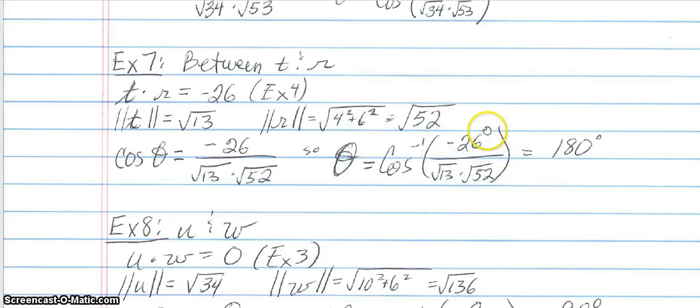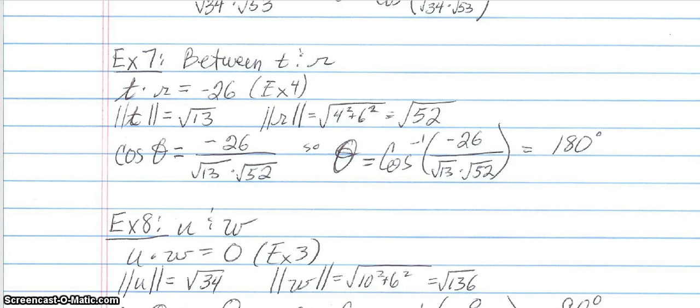Now, you'll find out that this value, if you calculated it individually then took the inverse cosine, is negative 1. The cosine of what is negative 1 in degrees? Think about it.